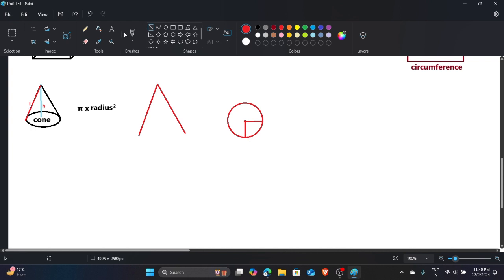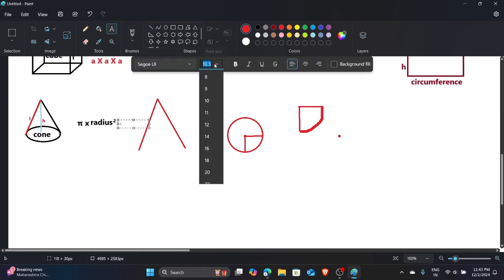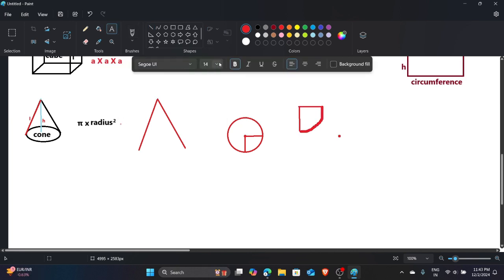And when you cut it, you get this. First of all, I have to make the size of it 22, color 20, and now we will add this, this, and this.